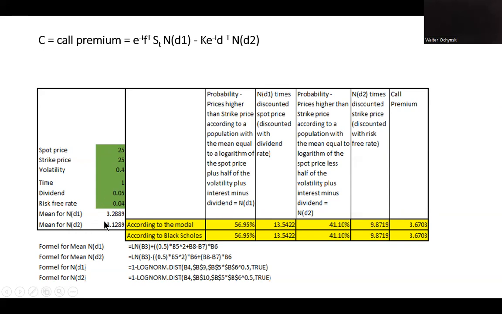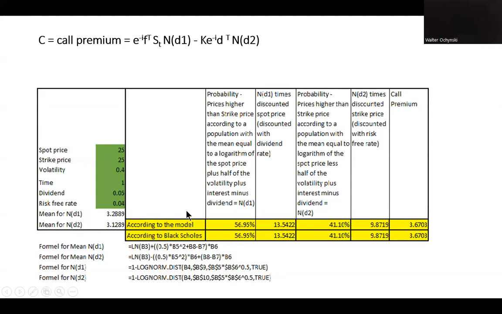Out of this information, I can now calculate the mean of this distribution according to Nd1 rules, and the mean of the second distribution according to Nd2 rules.